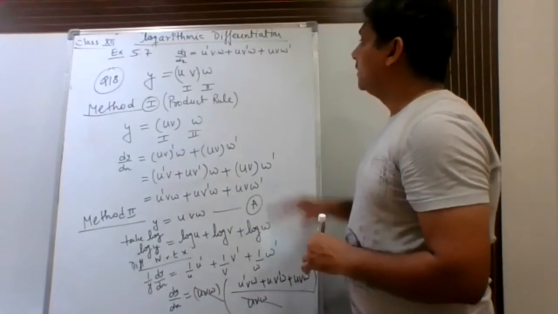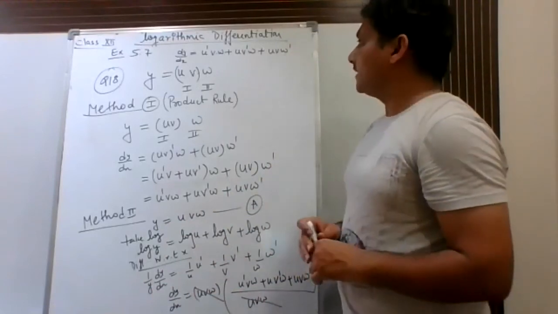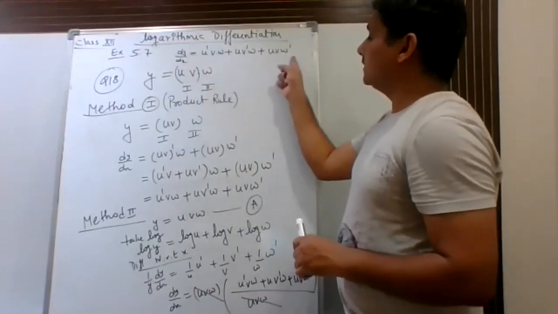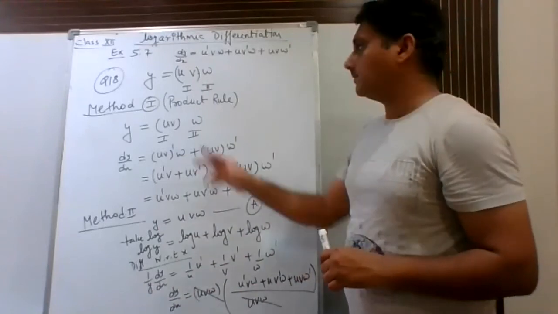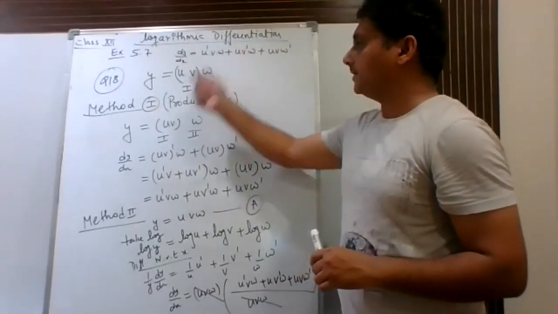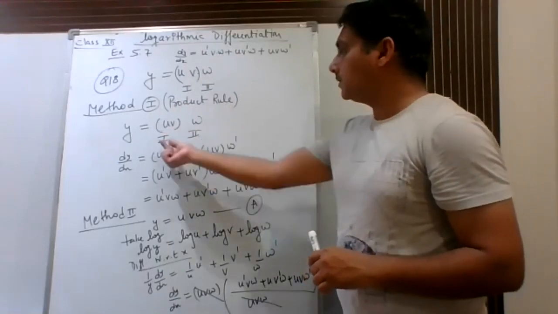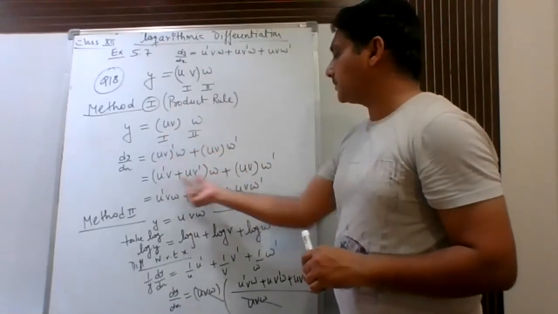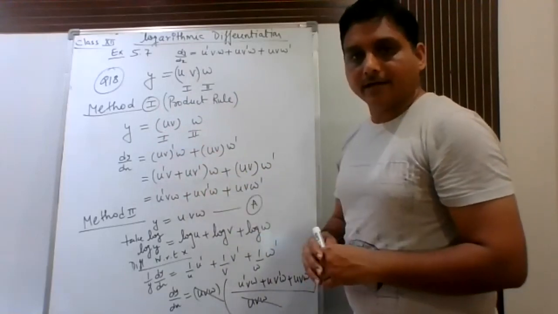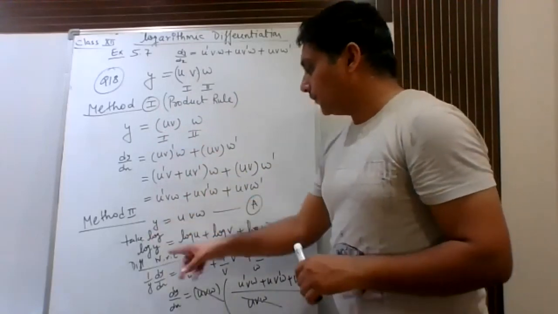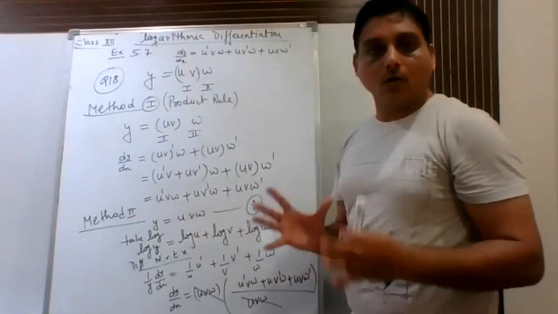So friends, let me explain this once again. dy upon dx, this is the product rule for three functions. Method number 1, we want to prove this. Method number 1, I proved it by repeated application of product rule. First function, second function, I applied this product rule and we are getting the answer. Method number 2, we are doing it by taking log on both the sides.